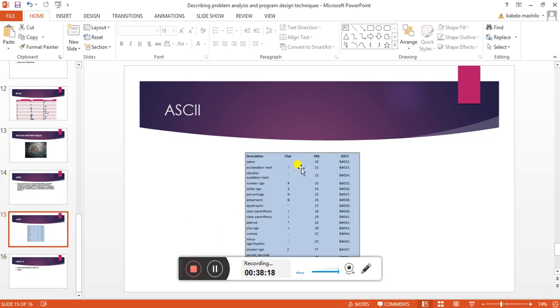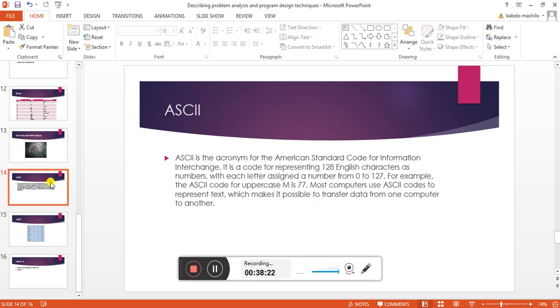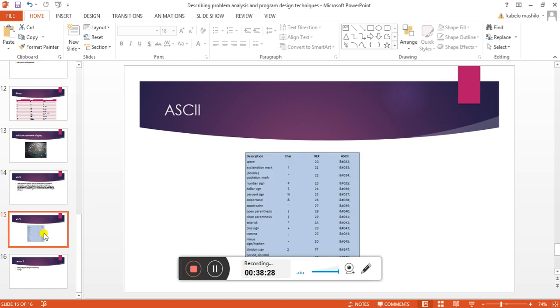This is what they mean in terms of different codes, depending on which language they use and this kind of format.